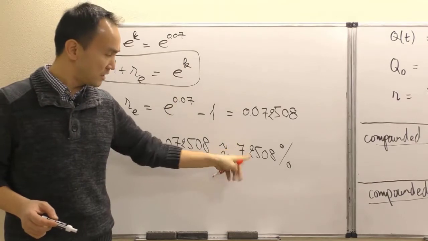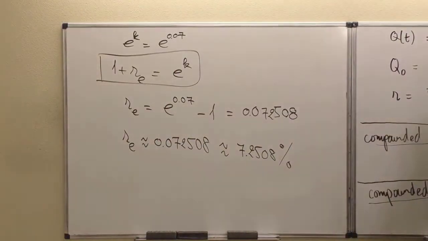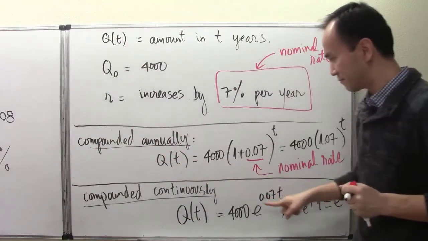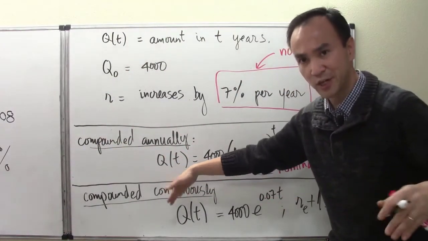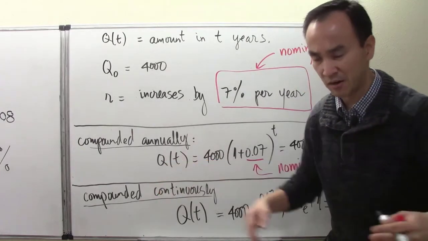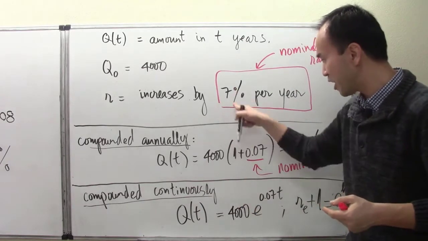Now back in our problem, we are still talking about continuously compounding our interest, but it's not this form any longer.